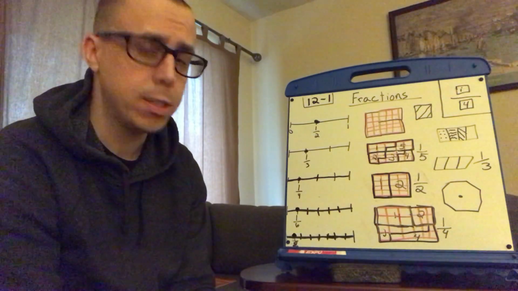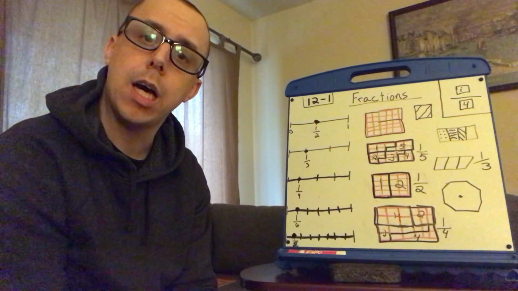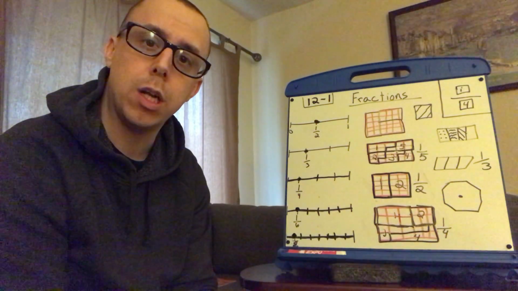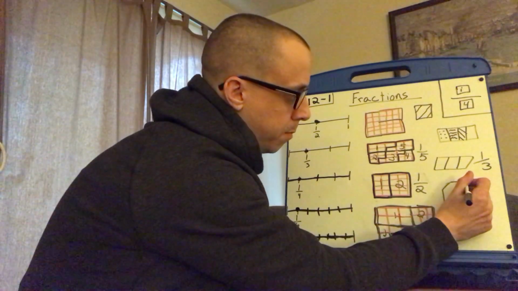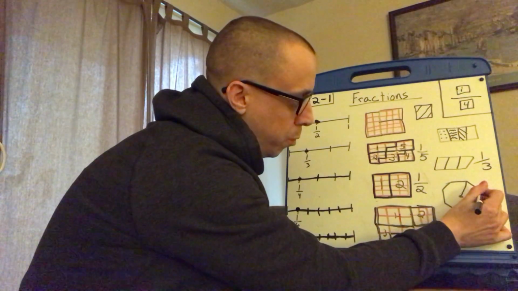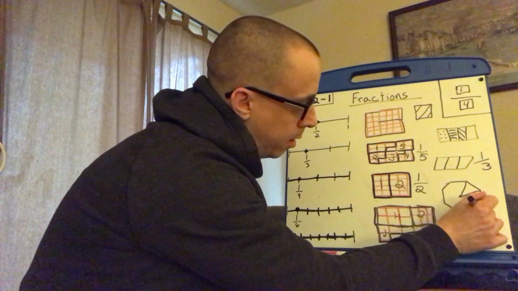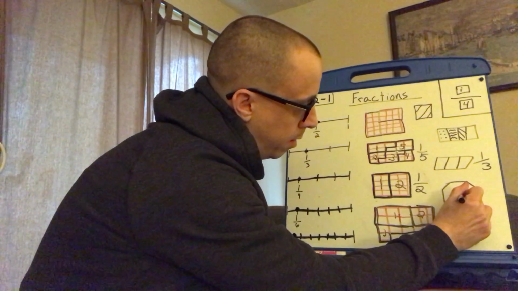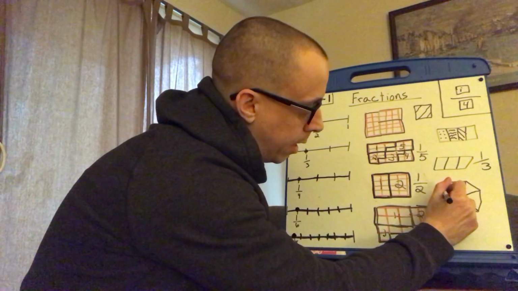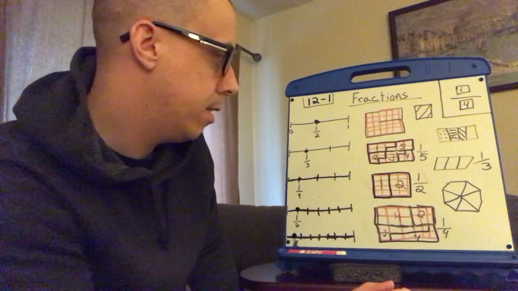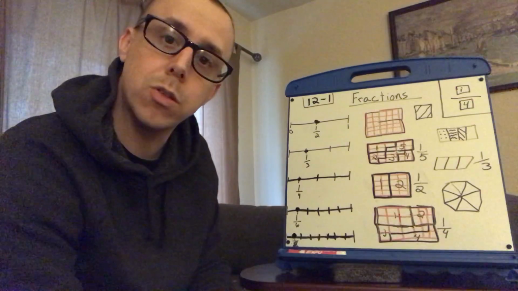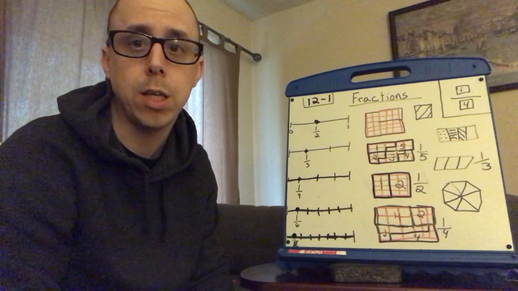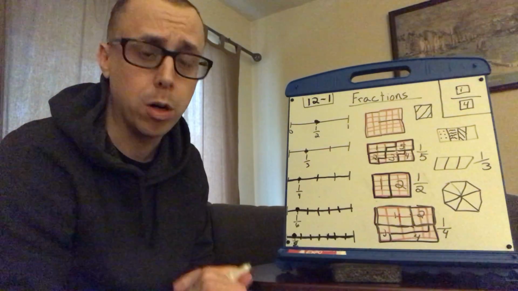If you find the center point, and it has to be the center point, and draw a line from each angle to the center point, you would be dividing the shape evenly. And since it's an octagon, you've divided it into 8 equal parts. If it were a hexagon, it would be 6 equal parts. Pentagon would be 5 equal parts.